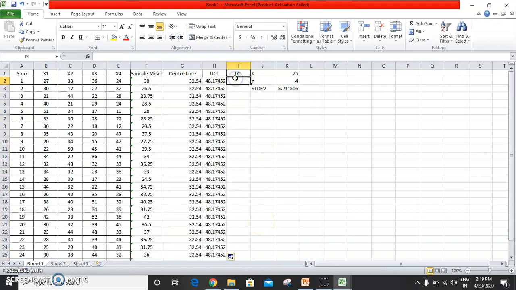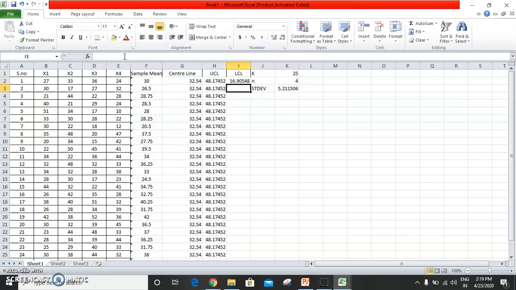Now for the lower control limit, again the same formula with your central line, but the only change is that it is minus 3 times the value of your standard deviation. Again we put a dollar sign because the value of the central line is not going to change for any observation, and so is the standard deviation.